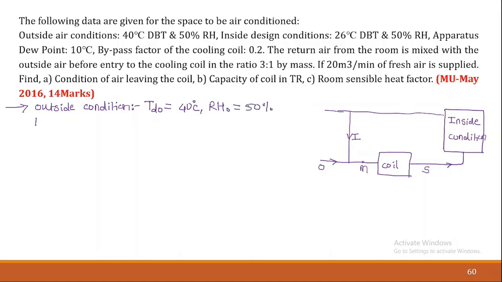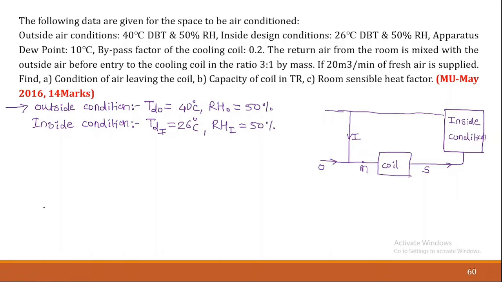Along with that, inside condition is also given. Inside condition, dry bulb temperature here is 26 degrees Celsius, and RHI is again 50%.